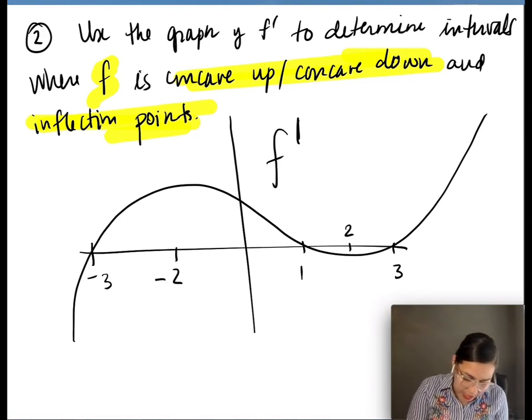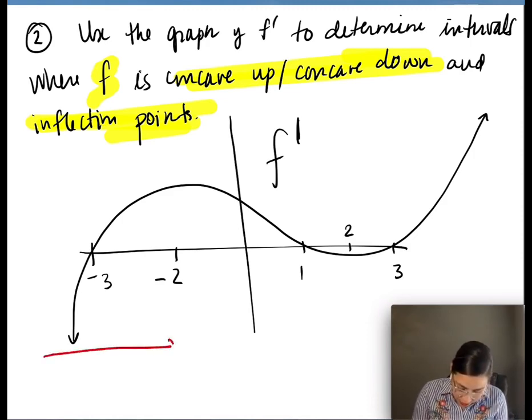I look at this graph and I'm going to assume it keeps going. I know that f prime increases from negative infinity all the way to negative 2. If the derivative increases, then f is concave up.